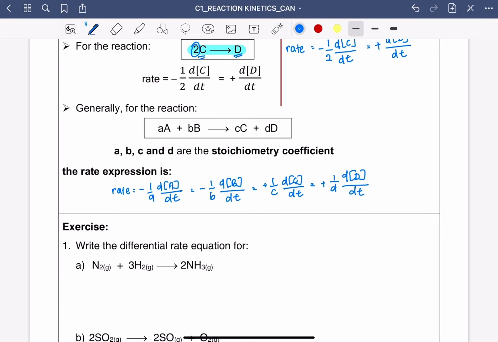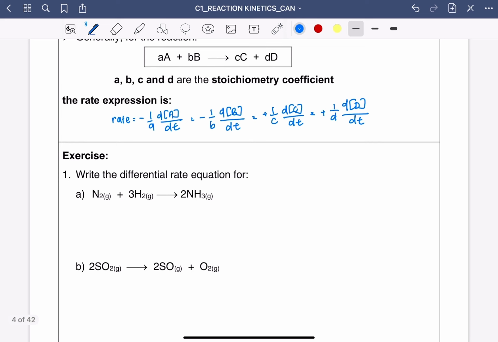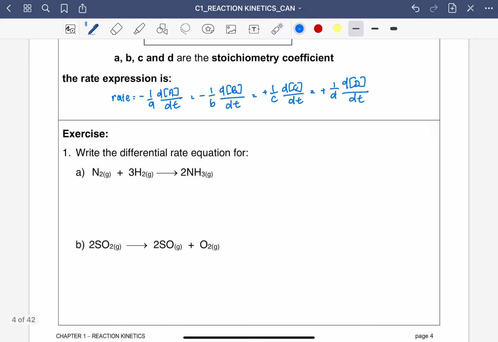All right. Now let's take a look at the exercise. I will only give you one, which is 1A, and then for 1B, please do it by yourself. Now write the differential rate equation for A. So I'm going to write it as this, rate.